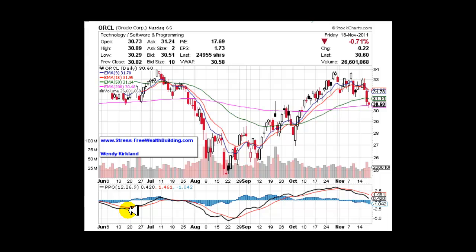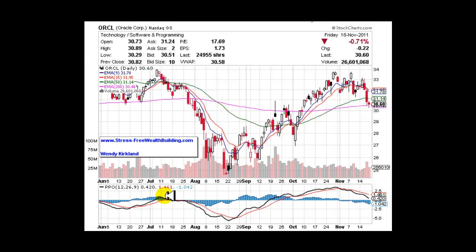Okay, here we have a cross up of the PPO line over the signal line. If we follow this up, we will see that at this point the candlestick started going up. It went up from, say, $30.60 just up to $34.